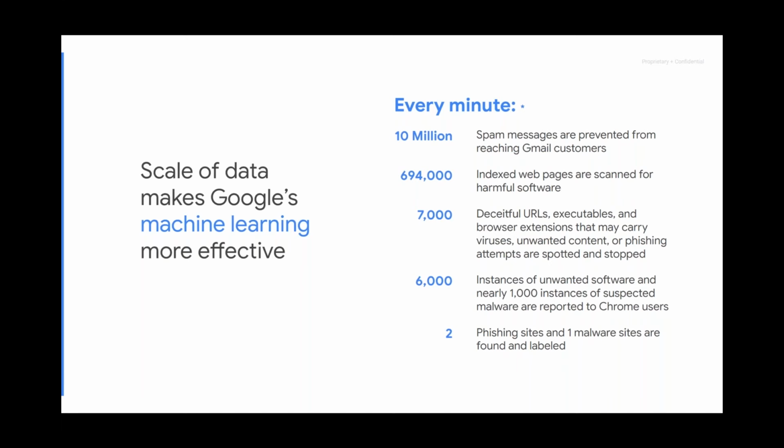We scan web pages for harmful software at all points of time, highlighting them as soon as there's a malware file found online. Workspace automatically adds it to block users from coming in, and it shows up in your trash or your blocked mail. Similarly, URLs and software which are flagged show up in Chrome as a warning not to click it because of suspected malware. And almost every minute, two phishing sites are found and labeled by Google and one malware site.